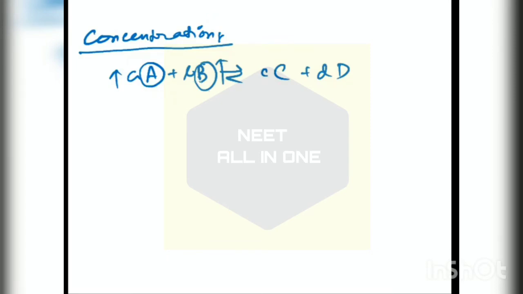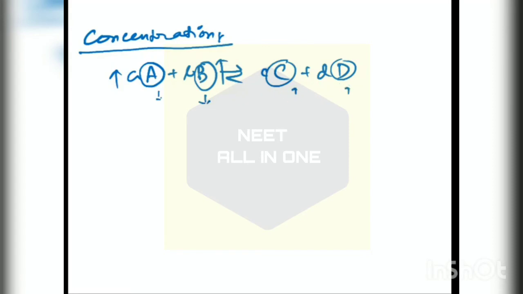It has to make its concentration the same as that of C and D. It will increase its rate of forward reaction to make more C and more D. The concentration of A and B will decrease when they react, and the concentration of C and D will increase.